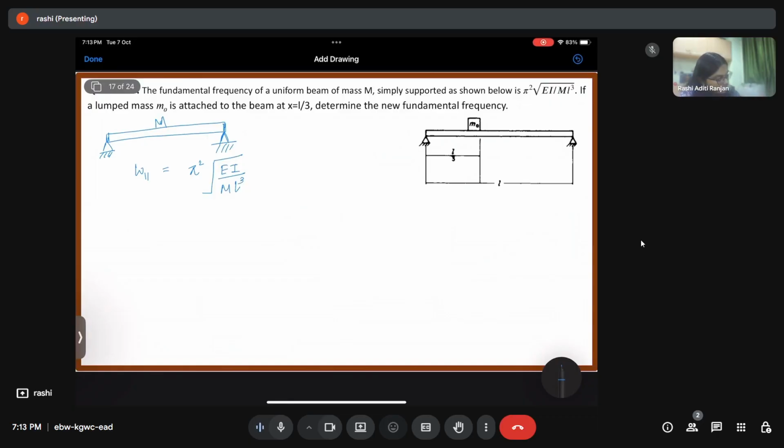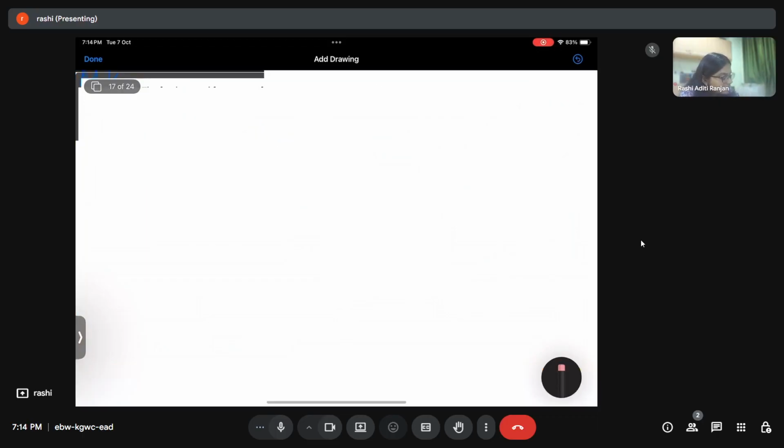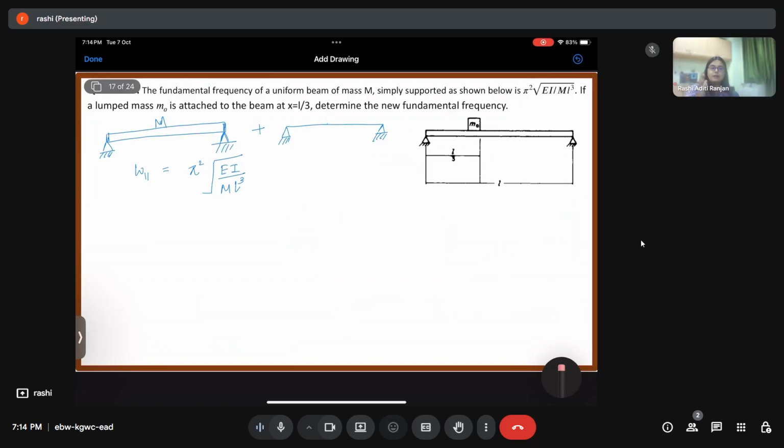Now, the second case is what we have is this is simply supported beam. We have a mass m naught which is placed at a distance L by 3, L by 3 from this end. So here we have m naught which is at the distance L by 3 from here, right?